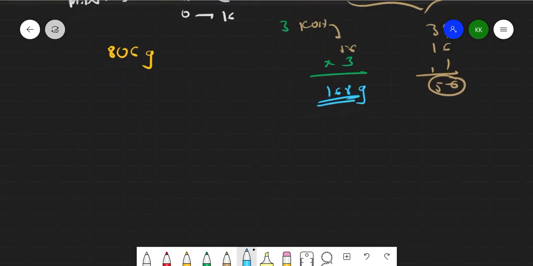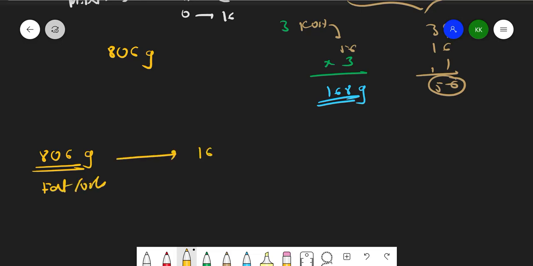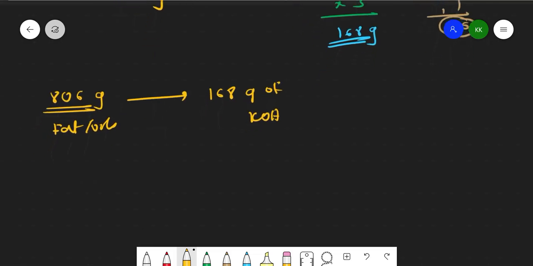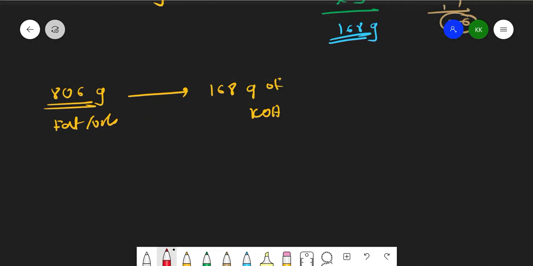So what I got is that 806 gram of fats or oils requires 168 gram of KOH. But what does my saponification value tell? It tells the number of milligrams of KOH required to saponify the fat or oil.